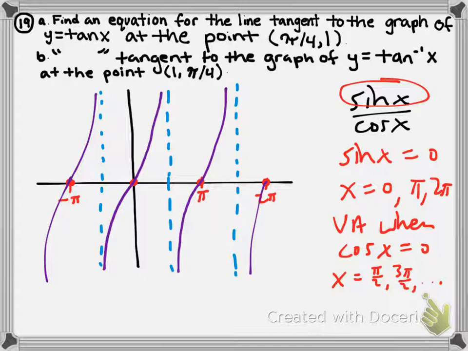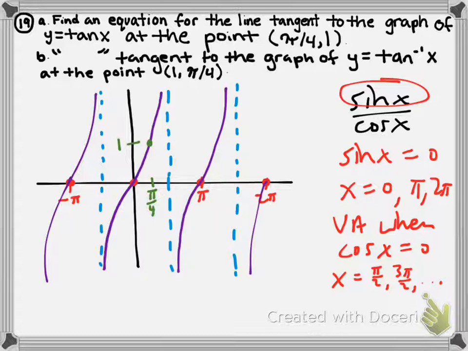What we want to do is find the equation for the line tangent to the graph of this function at the point pi over 4 comma 1. Right here where x is equal to pi over 4, we've got this point on the curve, and that's 1 unit high.